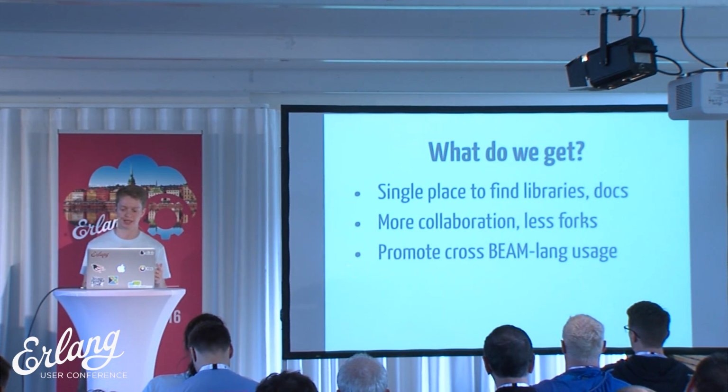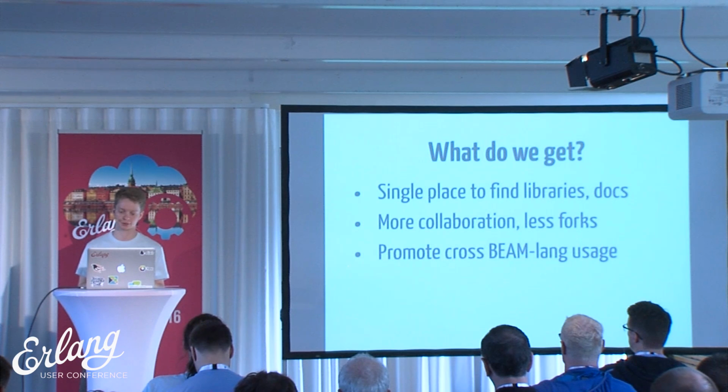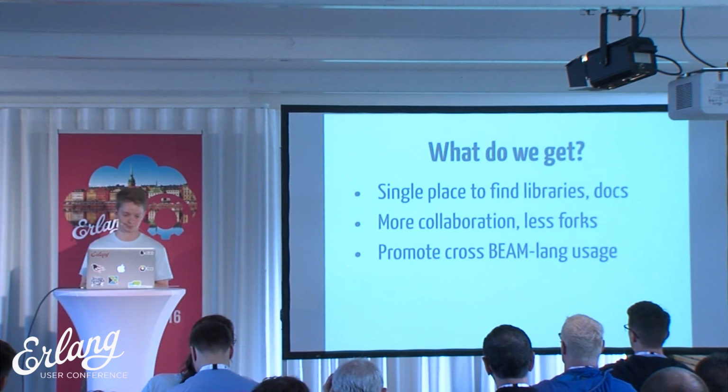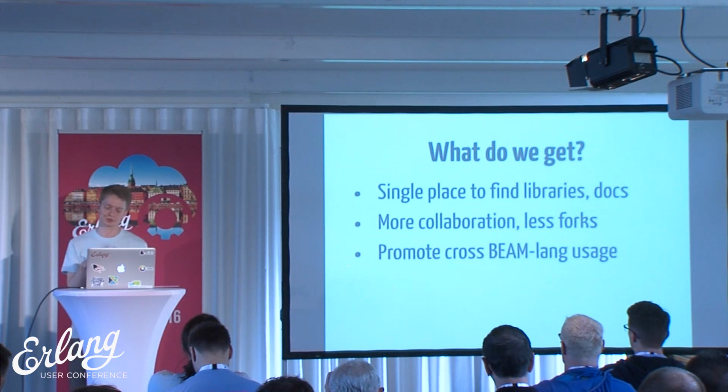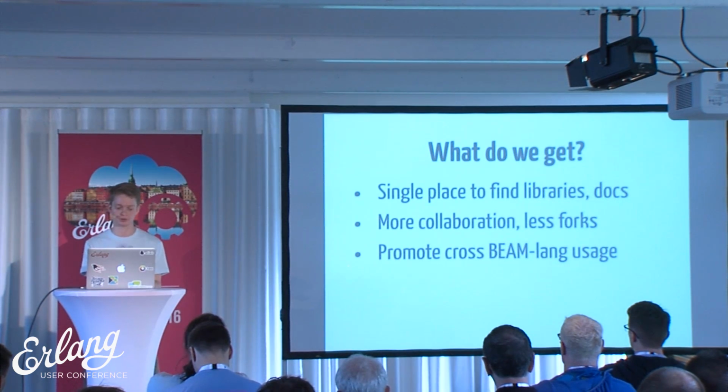We can see how actively a package is used. We have links back to GitHub and stuff like that, so we can easily find where it's being developed and help out with that. And another thing that at least I think is great is that Hex, or Hex.pm, which is the main repository, forces a single name for a library, and that improves the collaboration on it.